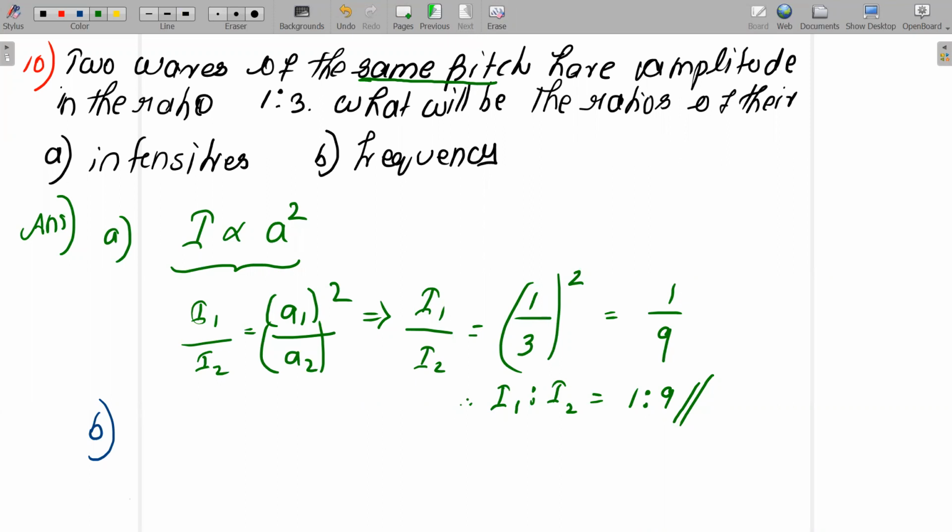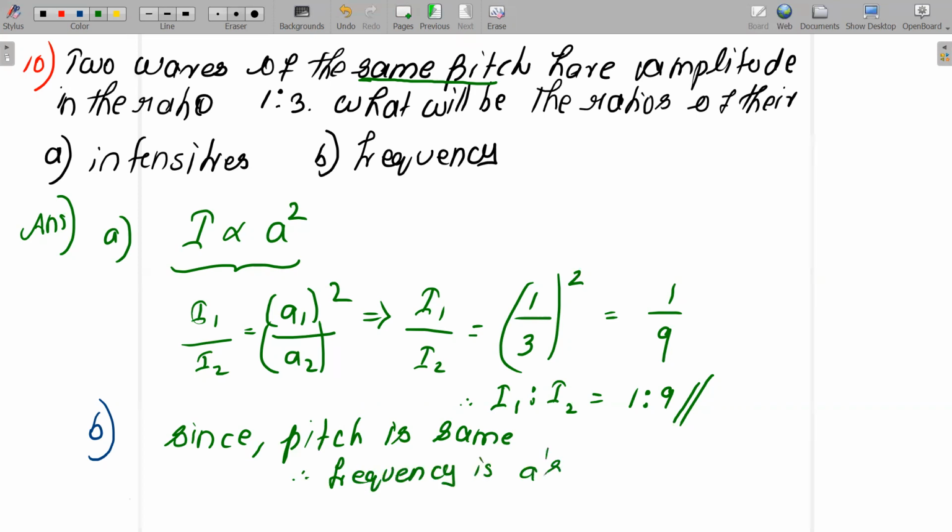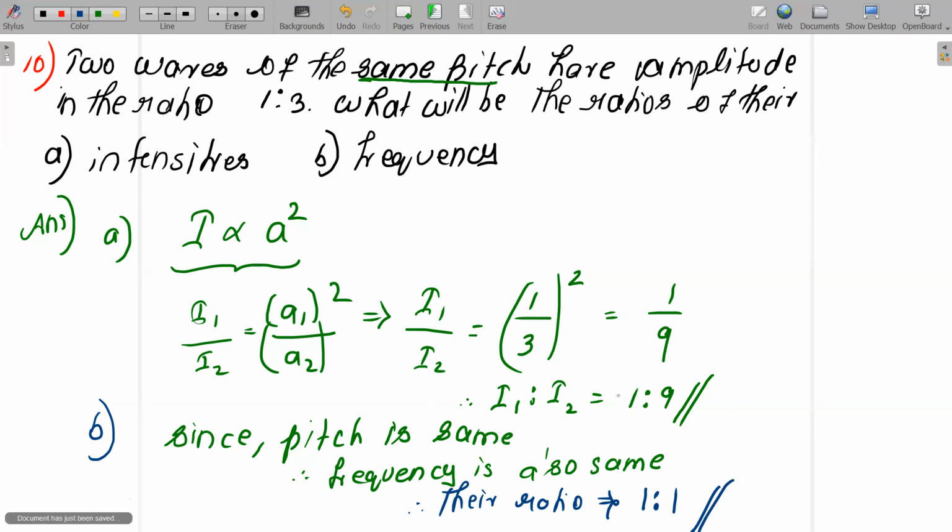Since pitch is same, frequency is also same. You guys are making mistakes like this. Therefore, their ratio is nothing but 1:1. Understood? Any doubts?